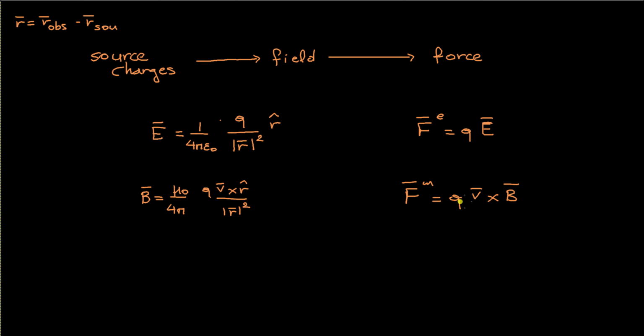Everything else, like the charge Q and the velocity, these refer to the charge that is at the observation location, and the magnetic force will be acting on this charge Q. Alright, so this is more or less a summary of the electric force and the electric field, and magnetic force and magnetic field for single charges. Be aware of what Q is in each equation and what velocity is.